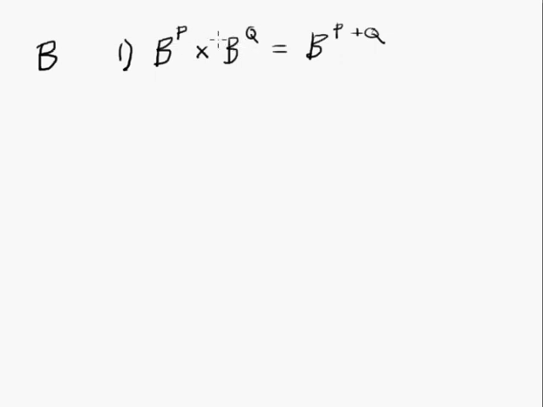When you multiply two identical bases to different powers, you just add the powers. The second rule is for division. b to the power of p divided by b to the power of q is b to the power of p minus q.